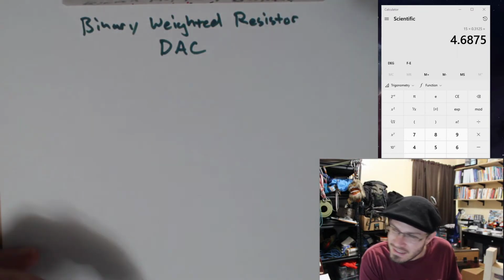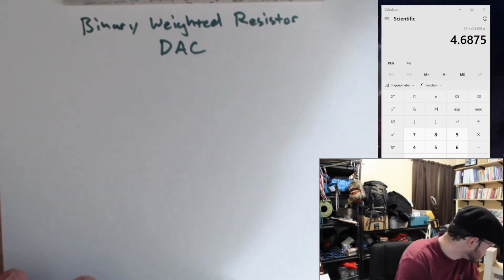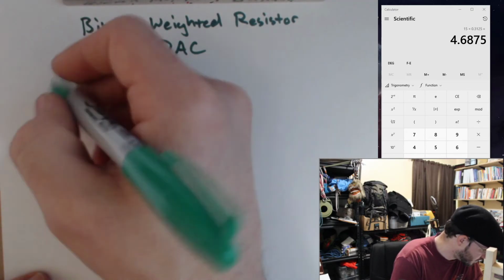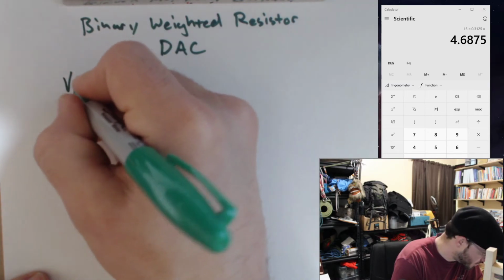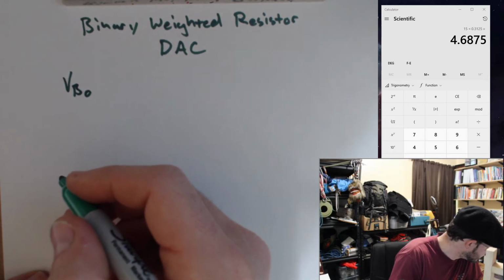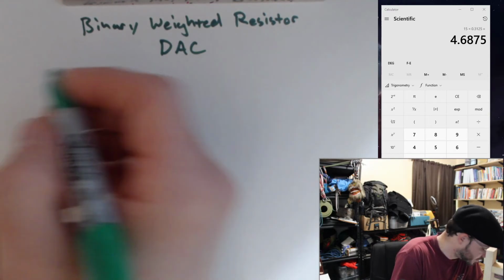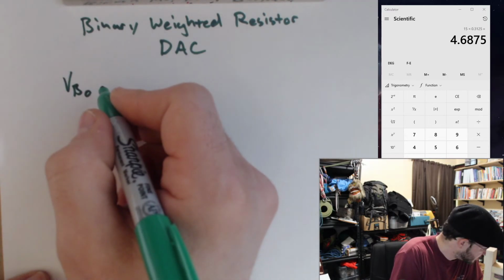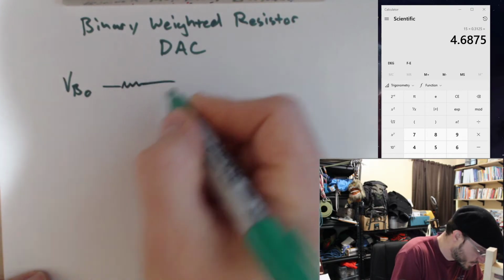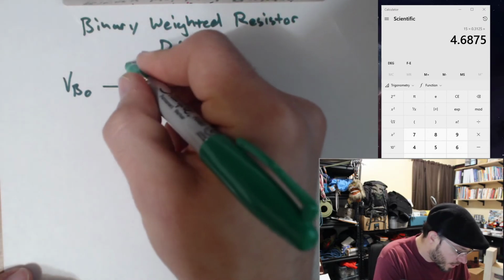So for our least significant bit, we're going to give it a value of R.